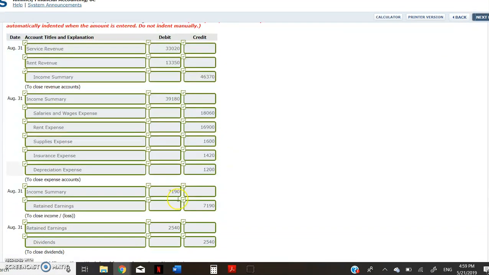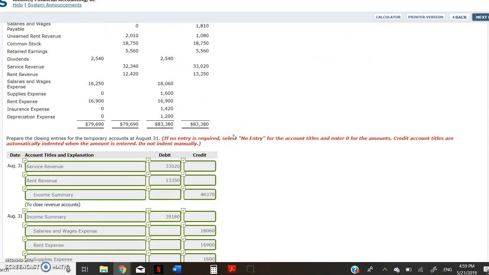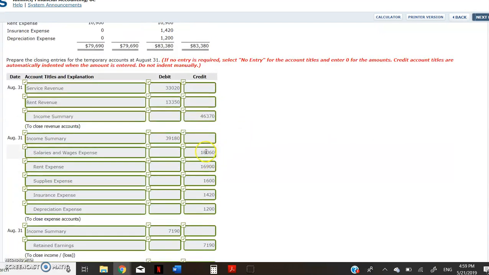Next, if we look down here, it says to close the expense accounts. Again, we're going to be going to the income summary. Normally expenses are debited, so this time we're going to credit them. First we have the salaries and wage expense, which is 18,060, so we put that in here.